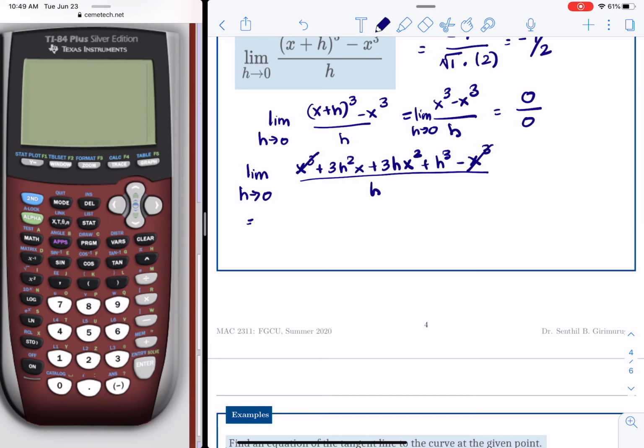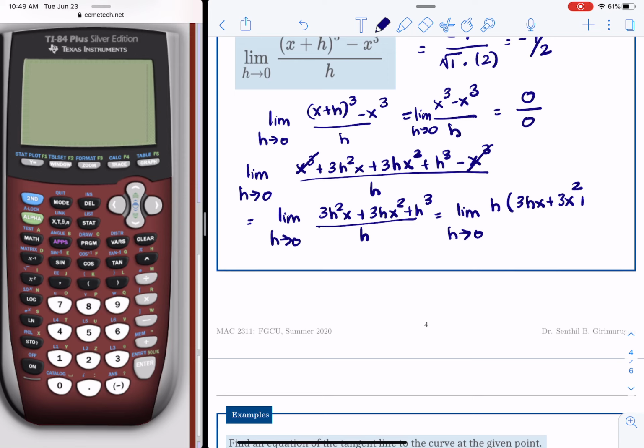So we will end up having limit h approaches 0, 3h squared x plus 3hx squared plus h cubed divided by h. What do we have in common in the numerator? We have an h in common. So if I pull that out, I would have 3hx plus 3x squared plus h squared divided by h.